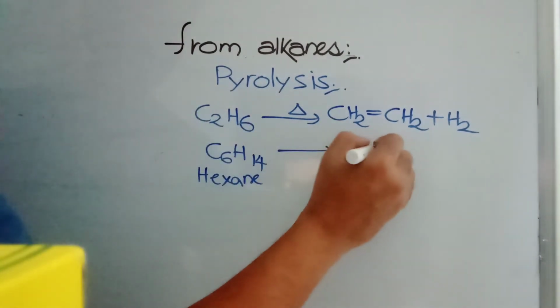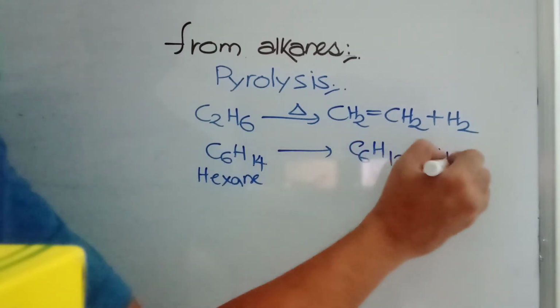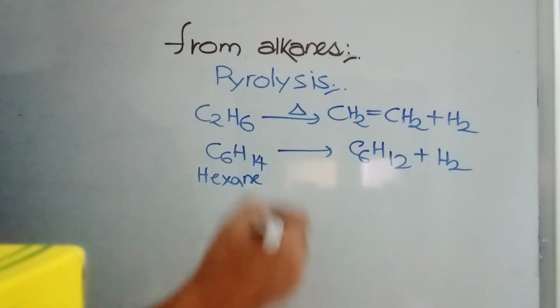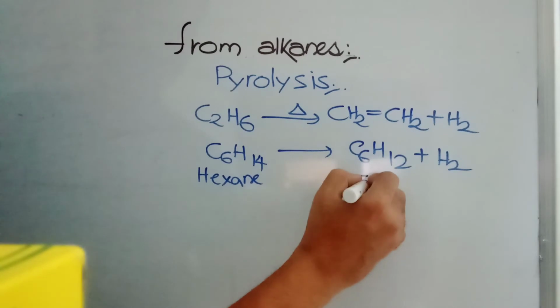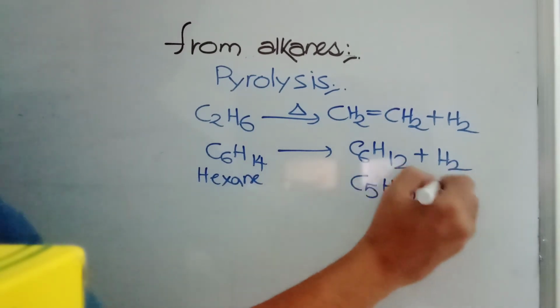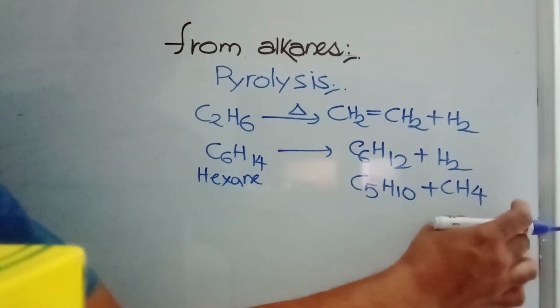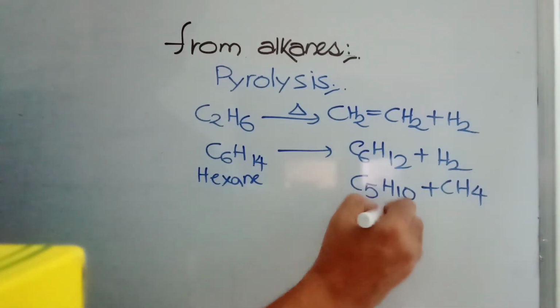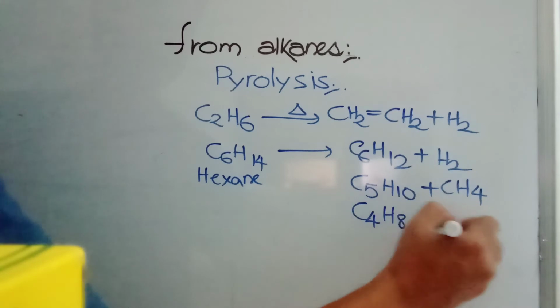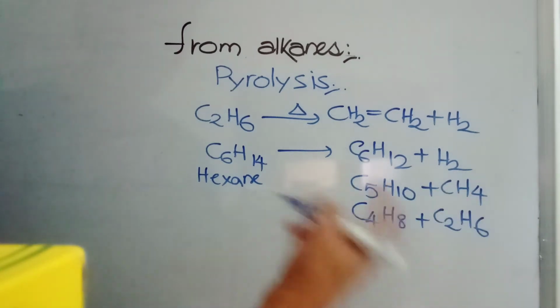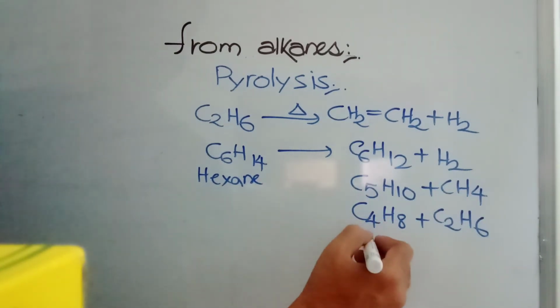This can convert into C6H12, a hexene. Otherwise, C5H10 plus methane is possible. A higher alkene, a lower alkene is possible. Otherwise, C4H8 plus C2H6 is possible. So all possibilities will be there. That's why this is not a very good method.